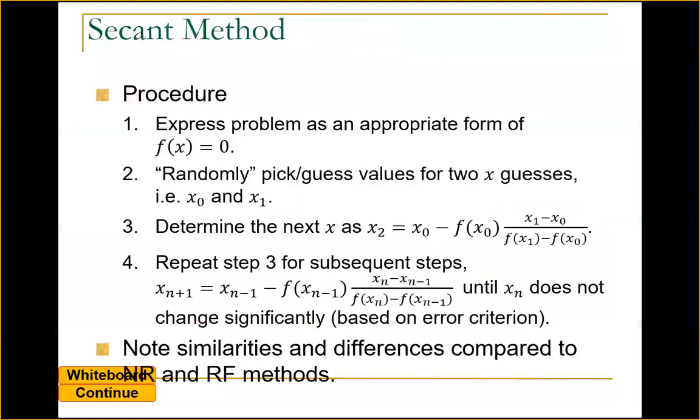What the secant method does, instead of actually calculating the slope of a function, it just uses the last two iteration values, and from those last two values approximates the slope.